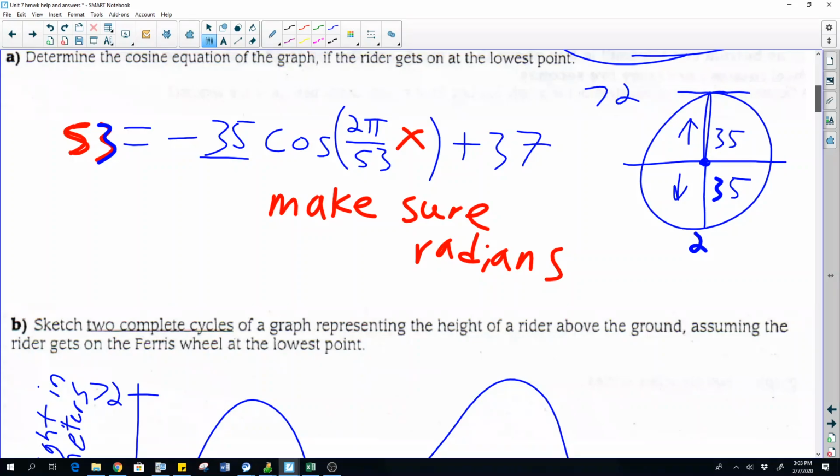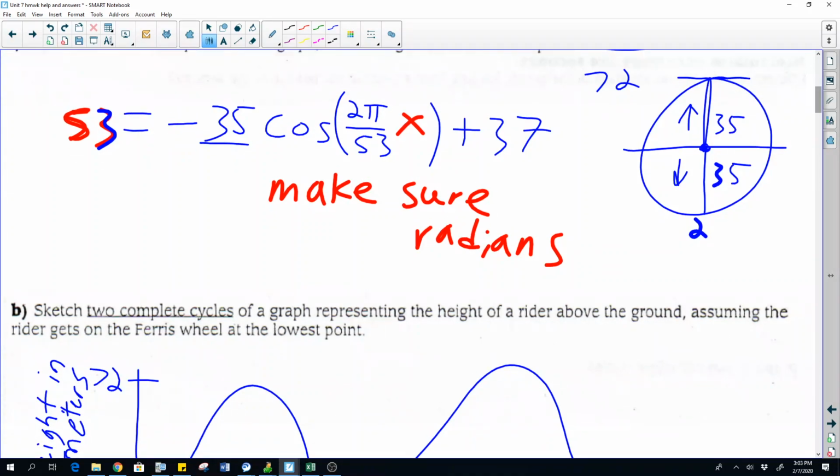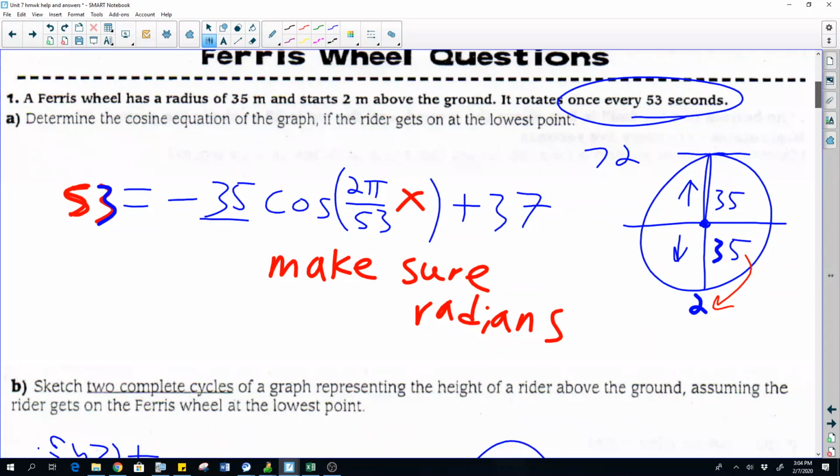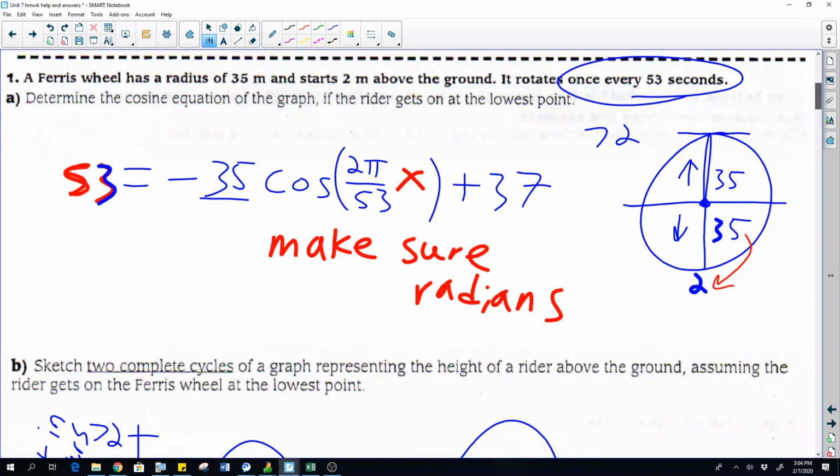The reason why it was 35 plus 2 is 37. That brings us a midline shift up there of 37. I'll double check there too, just to make sure. Yep. To find that midline, it's the maximum added with the minimum, divided by 2.